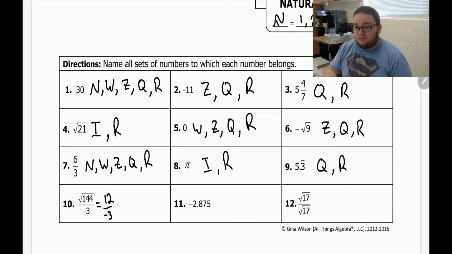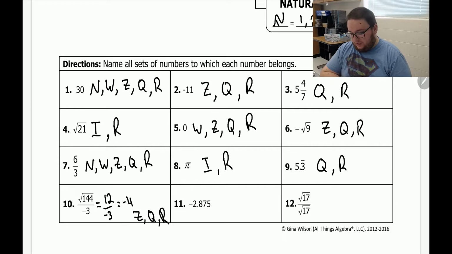Well, 12 divided by -3 gives us -4, and now we just have to figure out where -4 goes. Since it's negative, we know that it's not going to be a part of the natural numbers or the whole numbers. Since it's a negative whole number, it's going to be a part of the integers. So we're going to say the integers, and if it's in the integers, it's in the rationals, and if it's in the rationals, it's in the reals.